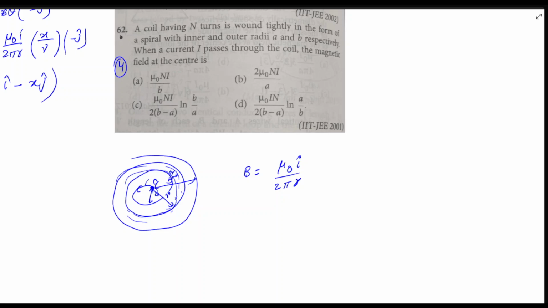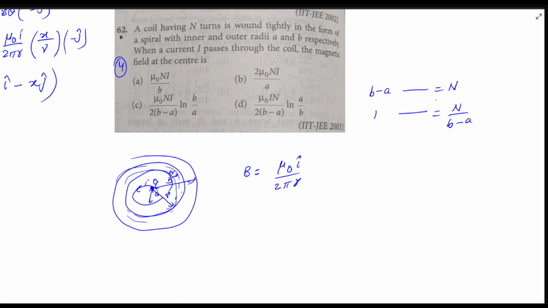So if this thickness is dr, there are n turns in B minus A. Or we can write it in the opposite manner. This is just the unitary method. We know in B minus A there are n turns, so in one unit there will be n upon B minus A turns.